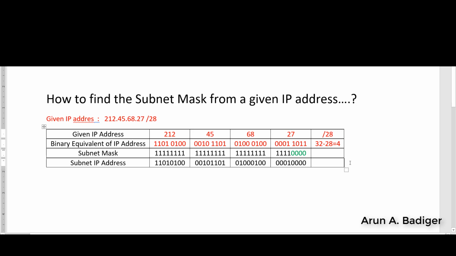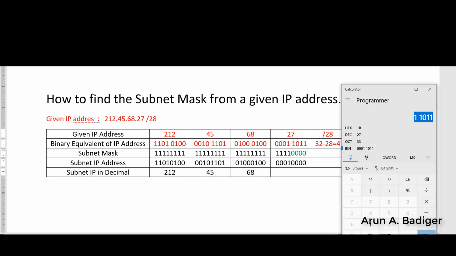Now I need to convert the same number into the respective subnet IP in decimal. So when I do the conversion, as it is the same, this will be 212, whereas here it is also the same thing, 68, but only this value I need to find out.